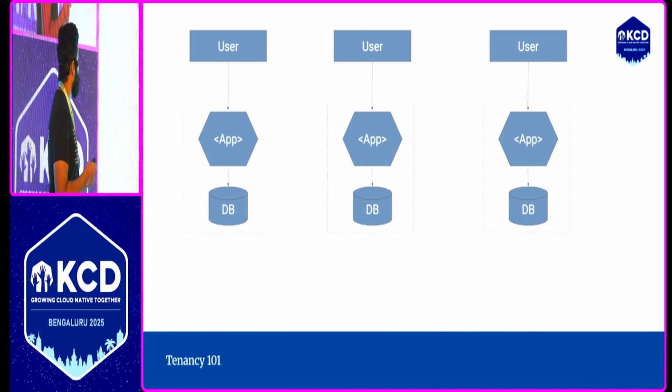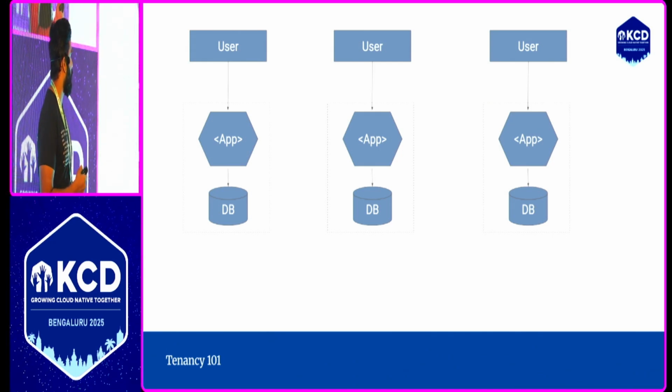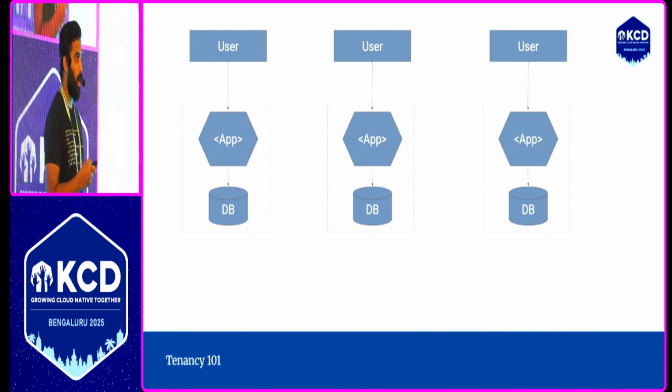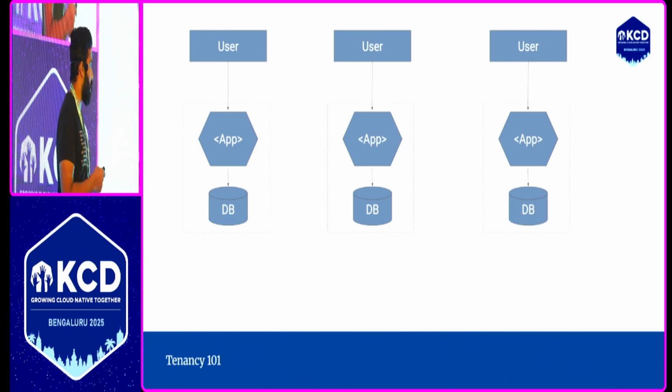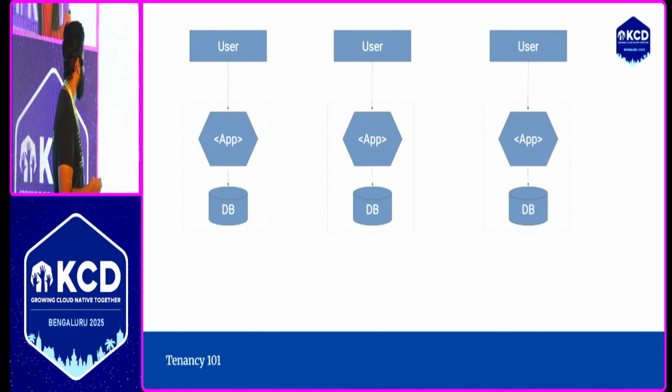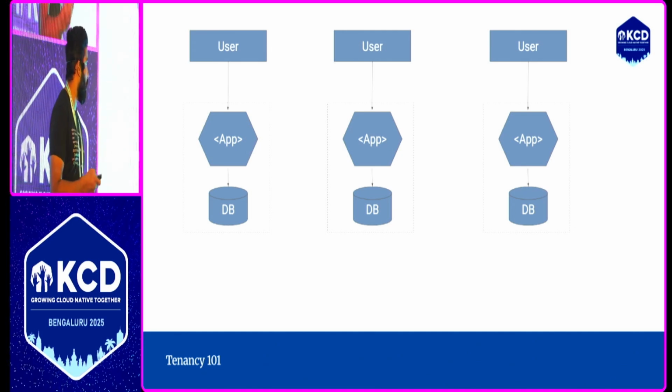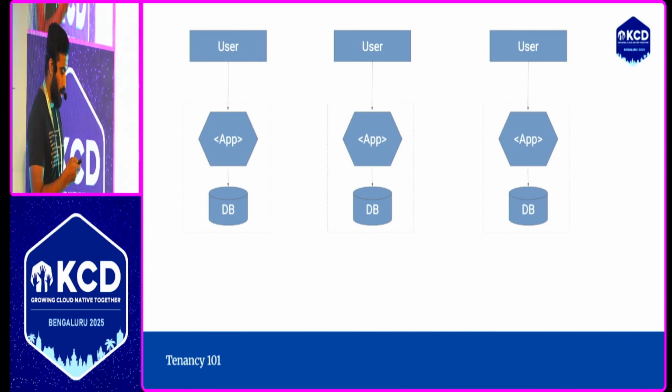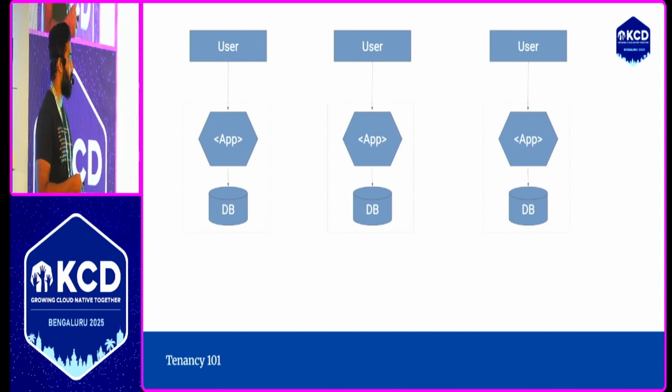So in a single tenant environment, as you can see here, every user or every tenant gets their own application, which maybe talks to a database or does some operation. So in this case, every user gets their own application deployed, and the application is single tenant.